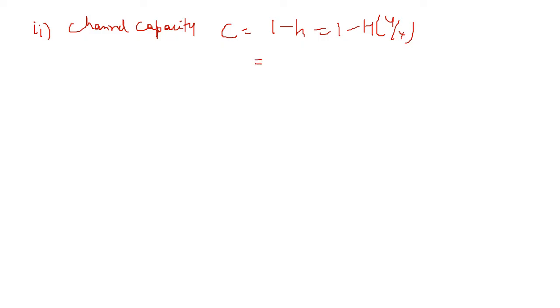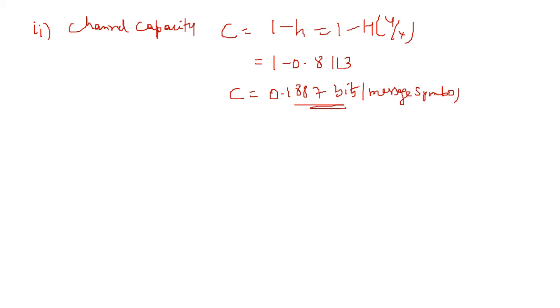So just substitute here 1 minus H(Y/X), which is 0.8113. So C will be equal to 0.1887 bits per message symbol. So we got the channel capacity.